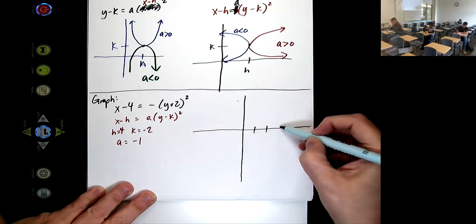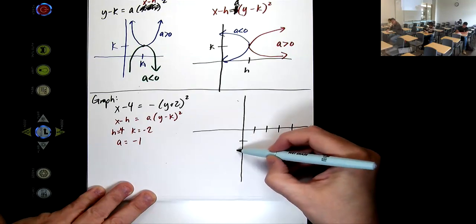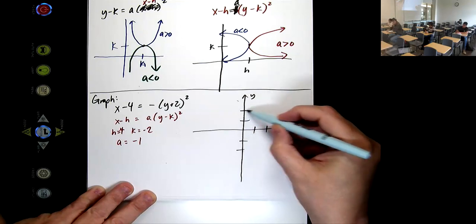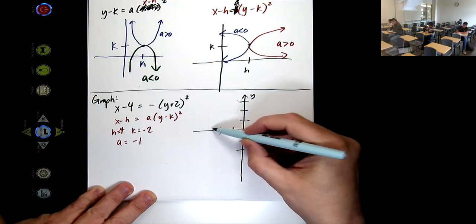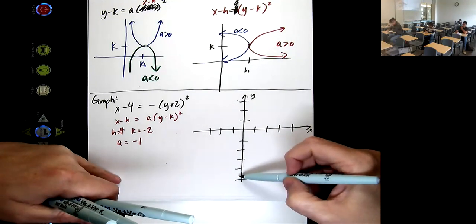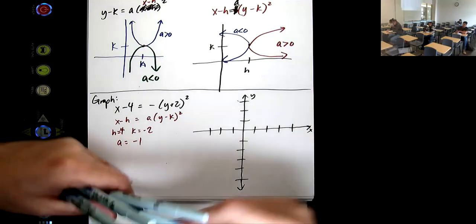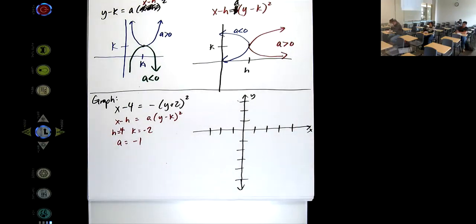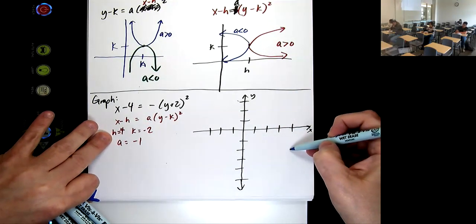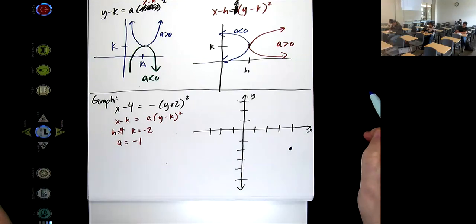One, two, three, four, 1, 2. Let's put some other ones up there. Easiest way to sketch this is, of course, put a point at our coordinate for negative 2. And look for intercepts.